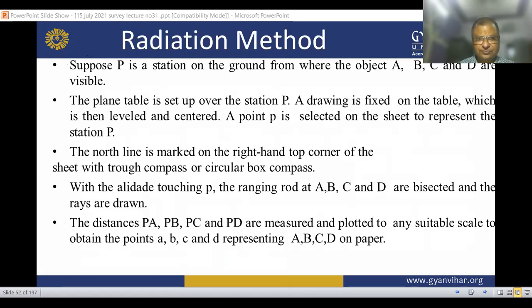Suppose P is a station on the ground from where the objects A, B, C and D are visible.